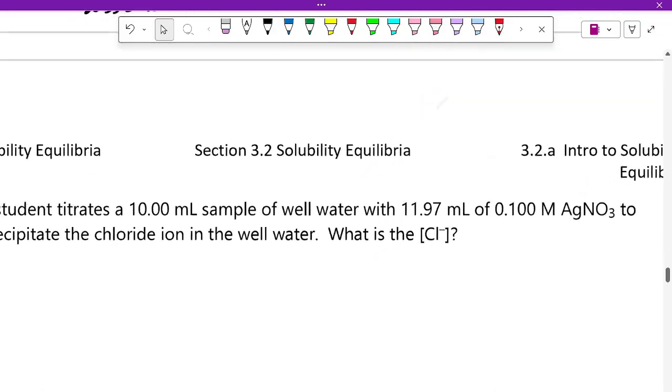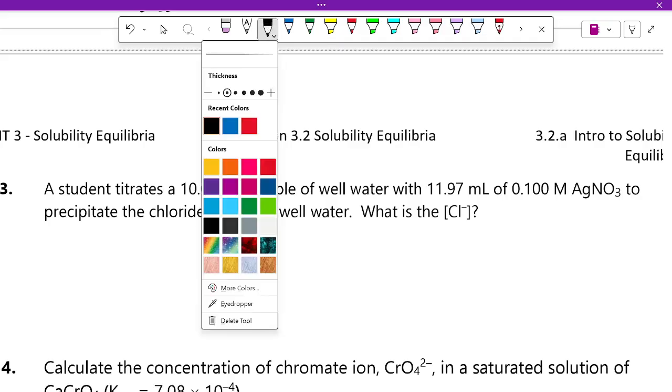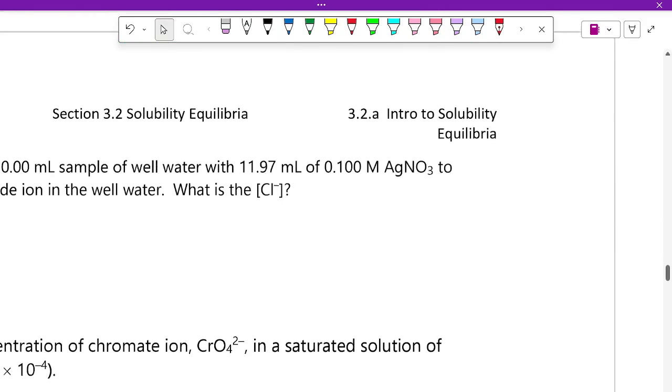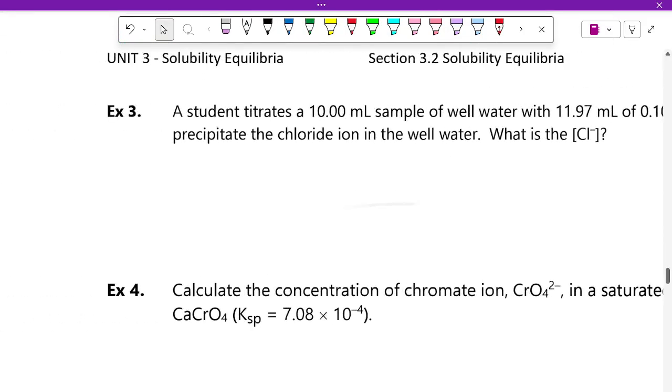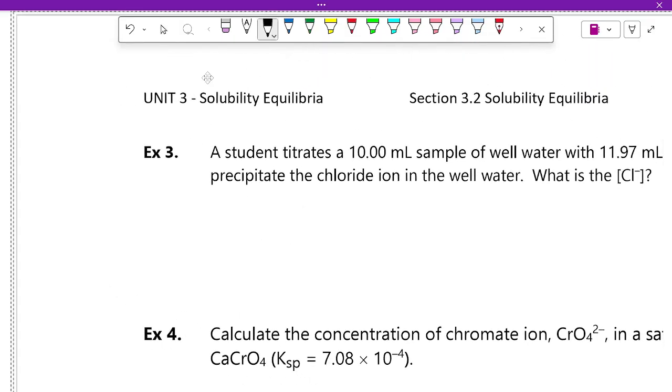All right, this one's tricky. A student titrates. Do you guys remember what a titration is? When you have a titration, you have this big long tube.